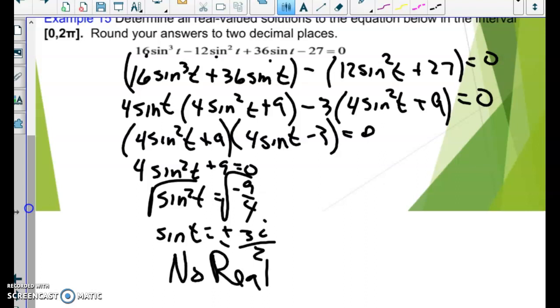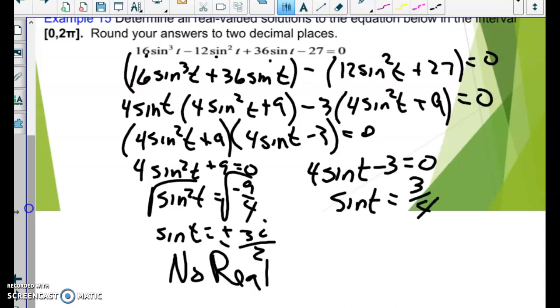But over here I get sine of t minus 3 equals 0, so I get the sine of t is equal to 3/4. And I'm going to just leave it like that.